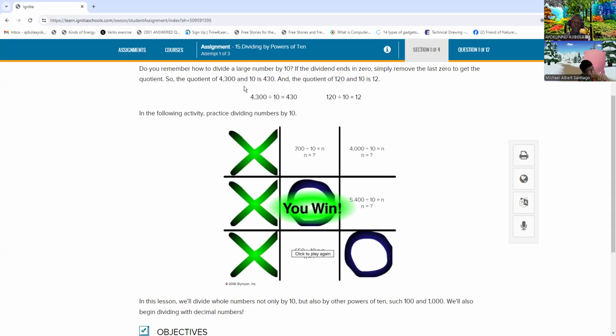If there is a decimal point, you have to shift it. If there is no decimal point, then you have to introduce it when dividing by 10, by 100, or by 1,000. So the number of zeros in your divisor determines the number of places your decimal is going. Is that clear? Yes. Good.